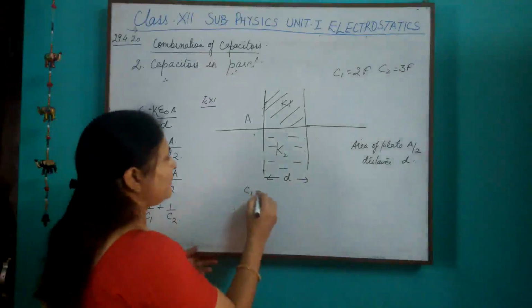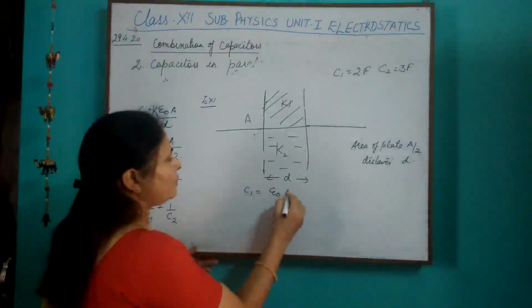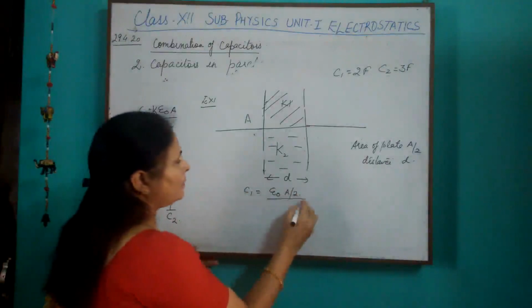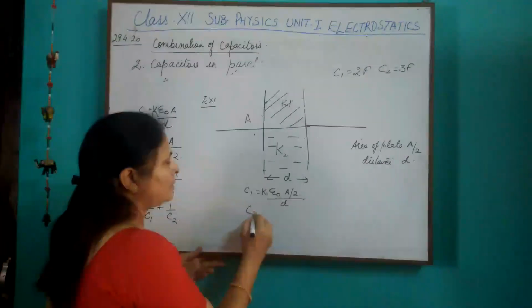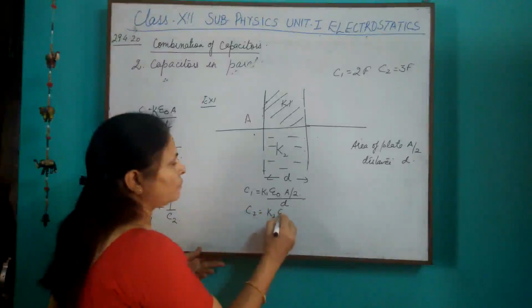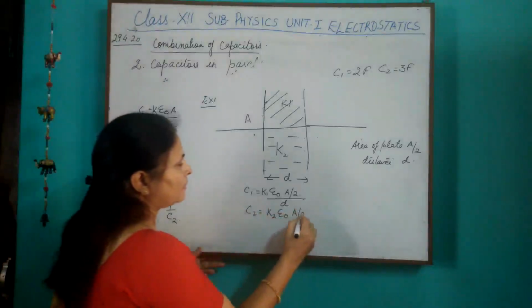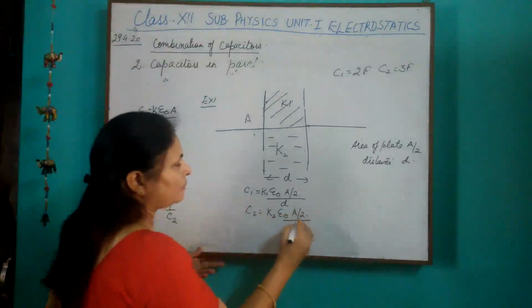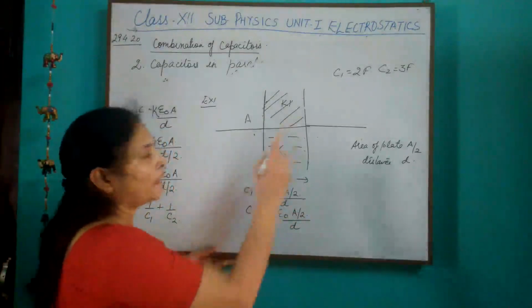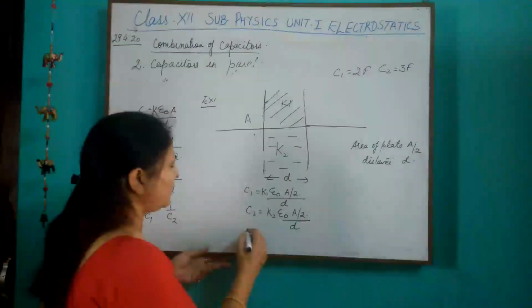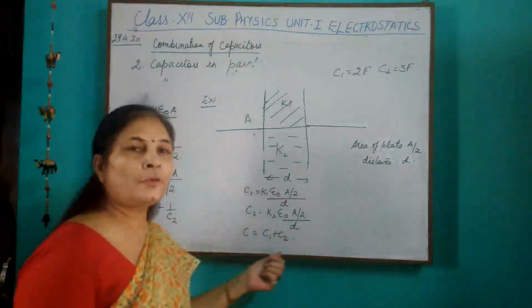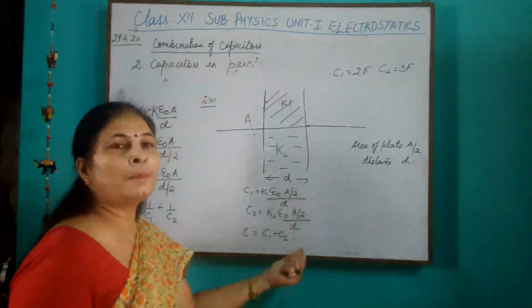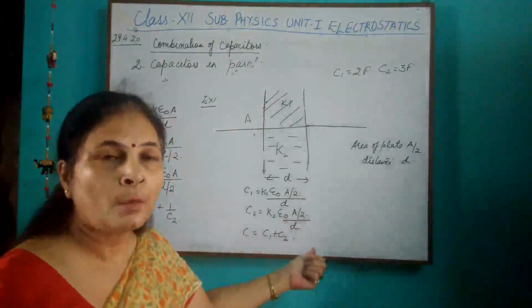Say C1 will be equal to K1 epsilon naught A by 2 upon D. C2 will be equal to K2 epsilon naught A by 2 upon D, and you use the formula C equals C1 plus C2 for parallel combination. Simply add them up and find out the value.